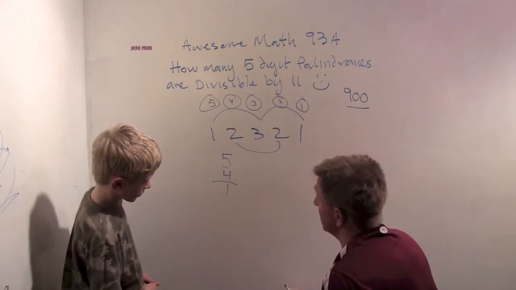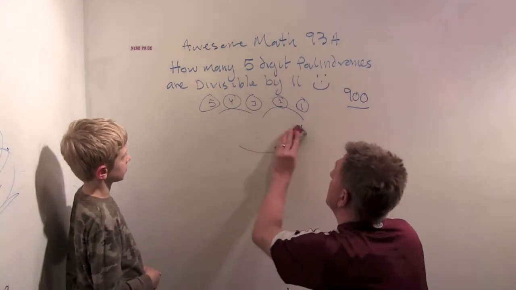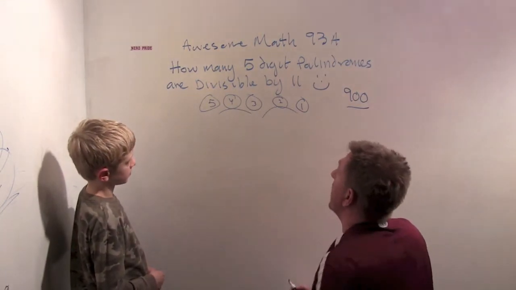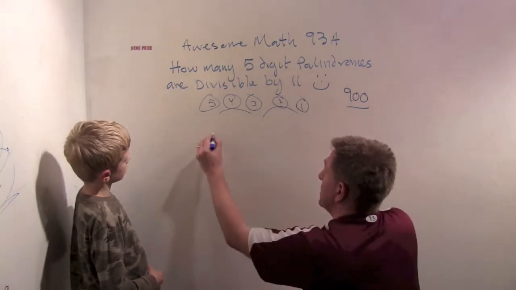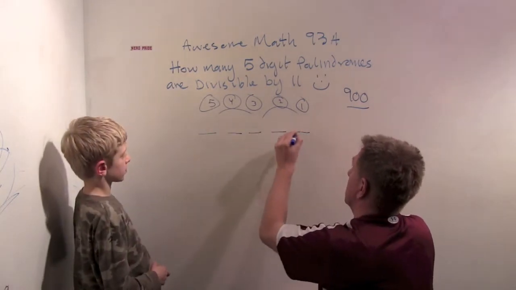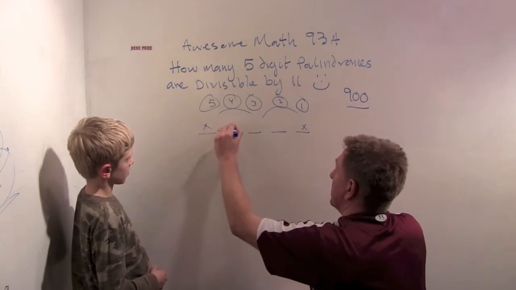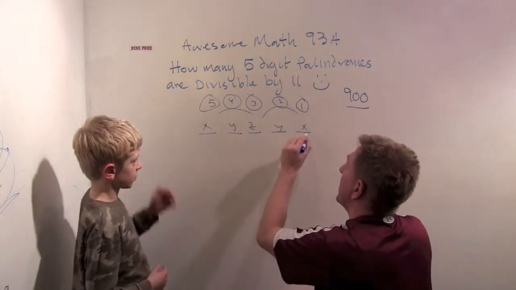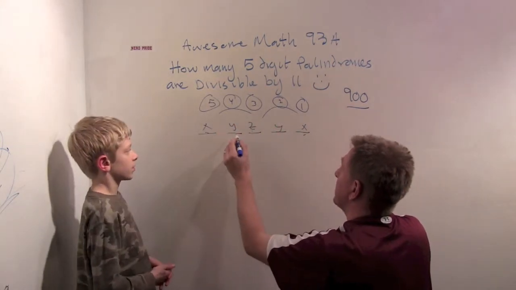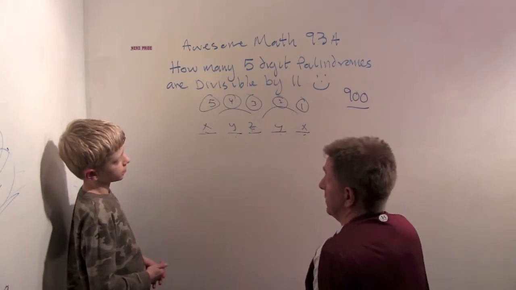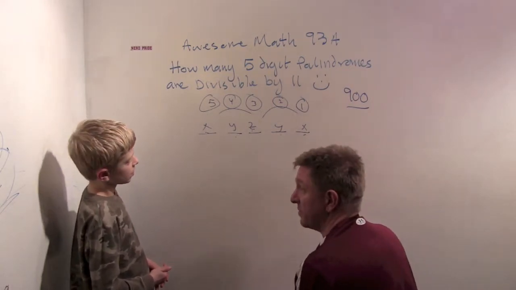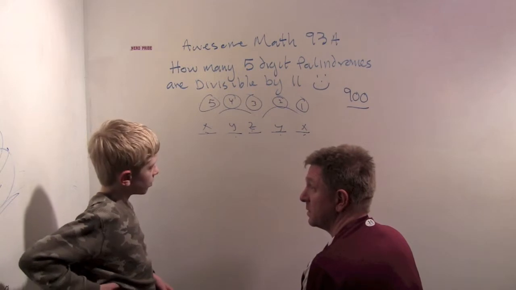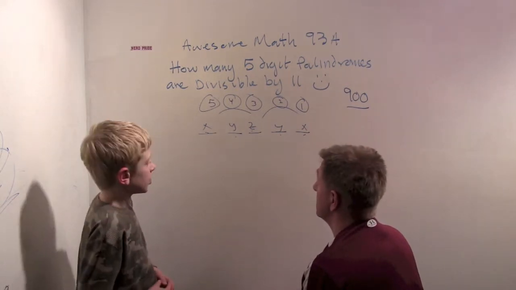That's a good thing to finish up this video with. For example, for the palindrome x, y, z, y, x, when I add up x, z, and x, and then subtract y and y, could I get 55? That wouldn't be possible.